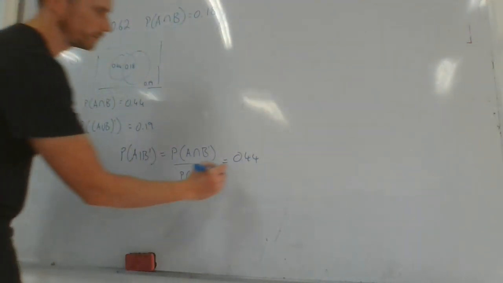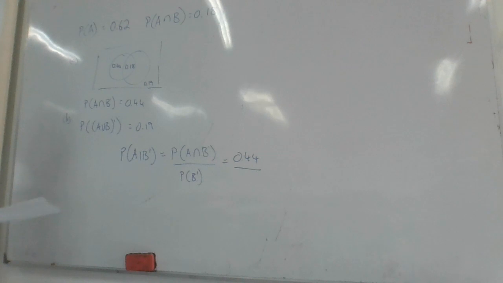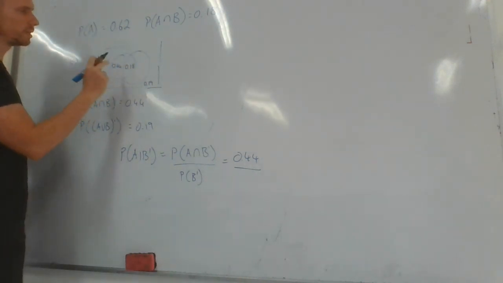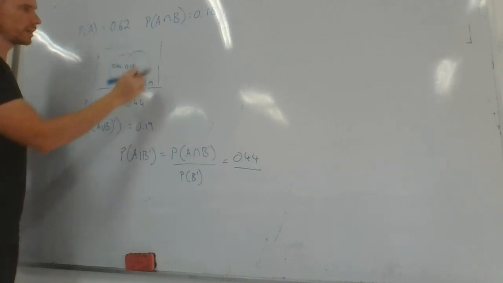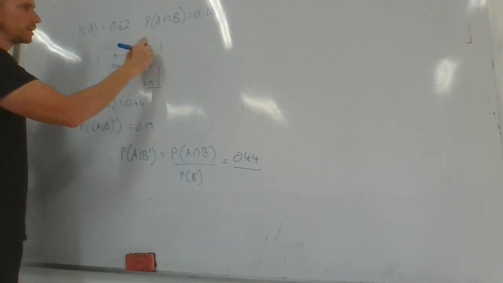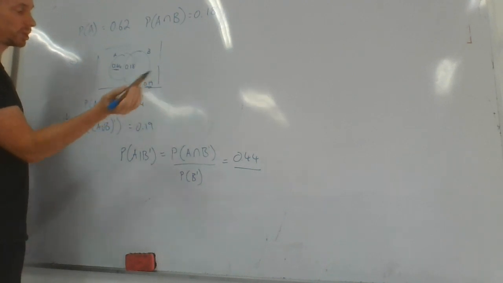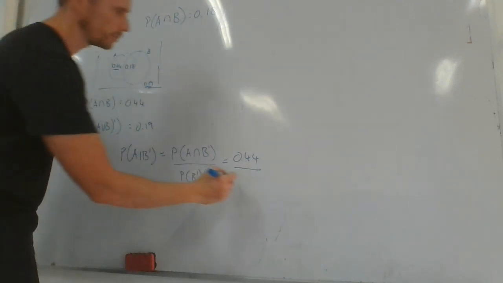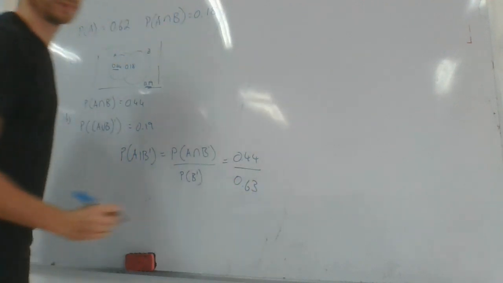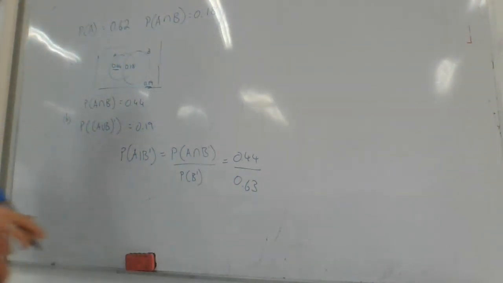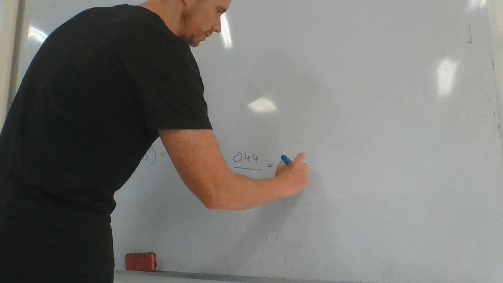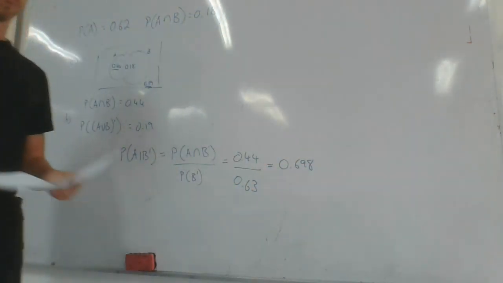Nice. Divide that then by B complement. You could work this out, it's probably not necessary because you know that B complement would be everything outside of the B circle, is A and B. Everything outside, so that's 0.44 and the 0.19, there's nothing else. Add those together, you get 0.63, and then just type it into your calculator. 3 significant figures, 0.698. Wonderful.